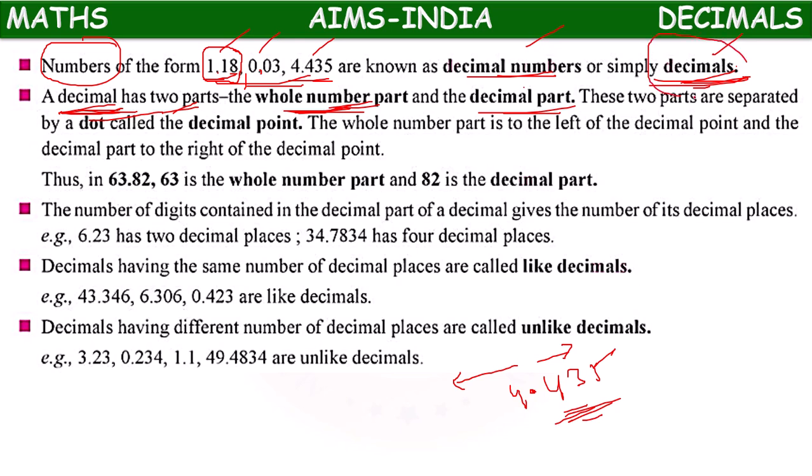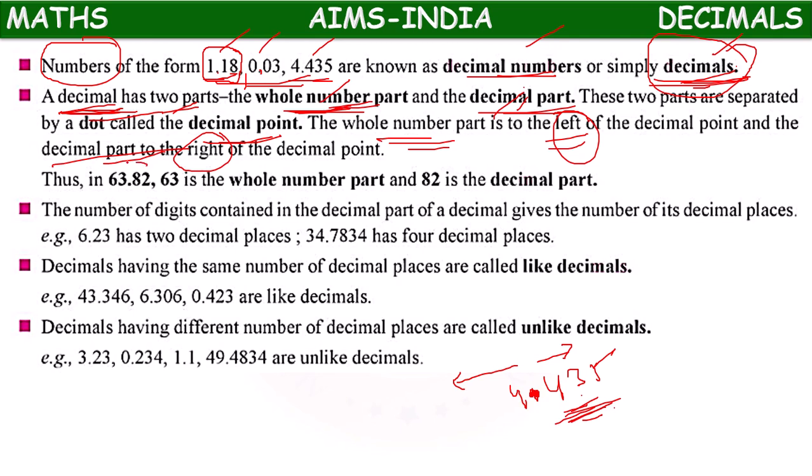These two parts are separated by a dot or point, which is known as the decimal point. So the whole number part is to the left of the decimal point, and the decimal part is to the right of the decimal point.